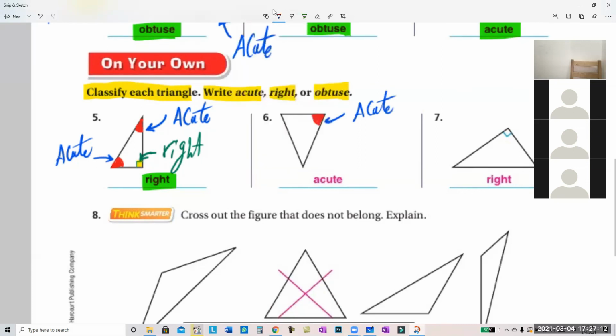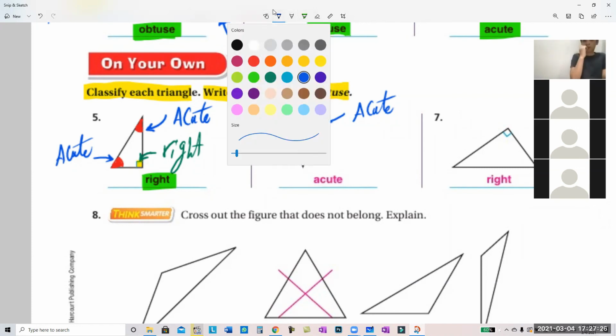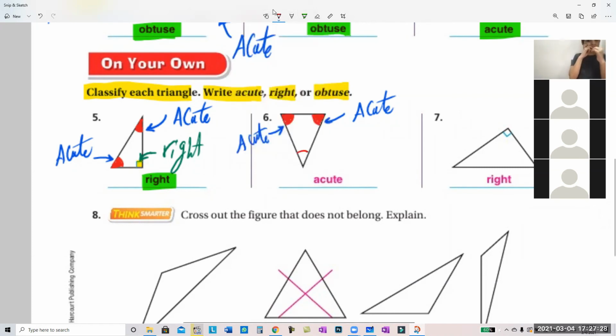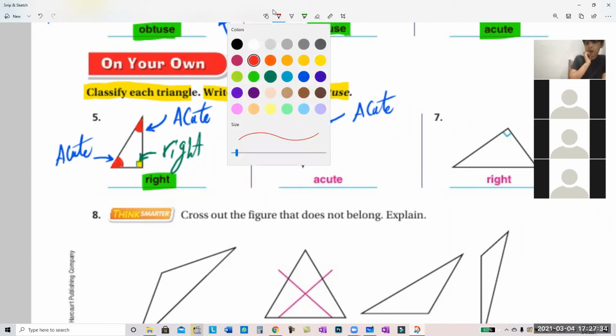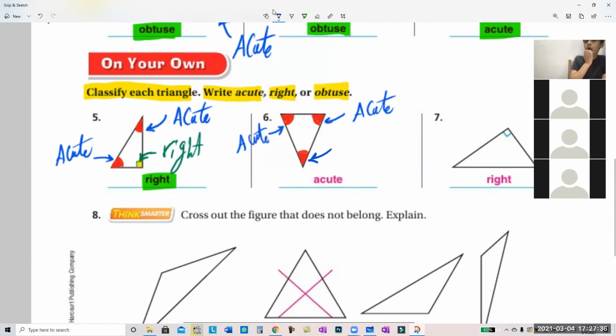And what about this angle? This angle is also acute. Yeah, it will be acute as well. Okay, and let's see the last angle here. That's an obtuse. Are you sure? No, it's acute.